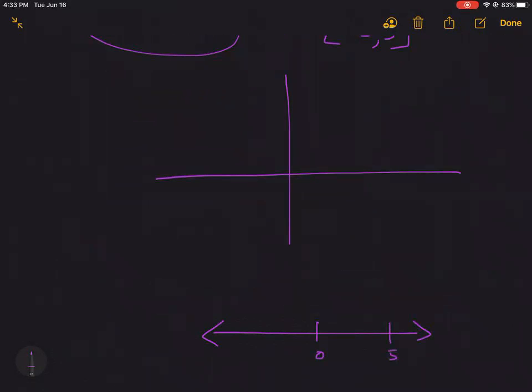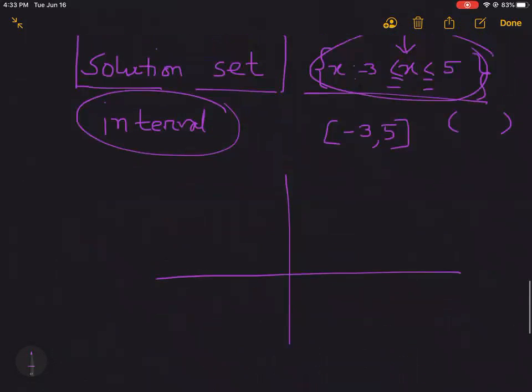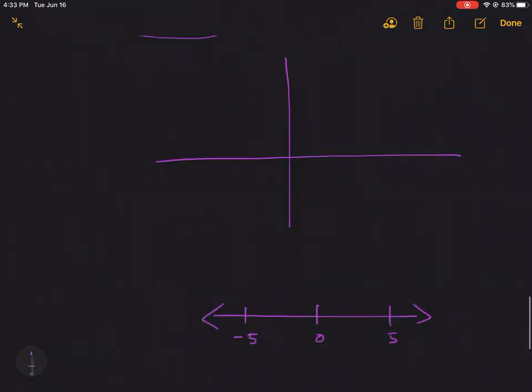Let's say that's my 5. That's my -5. So this x is in between -3 to 5. So let's say that's my -3. So the solution set will be this portion from -3 to 5, including that, because our -3 and 5 were included. So this will be the solution set.